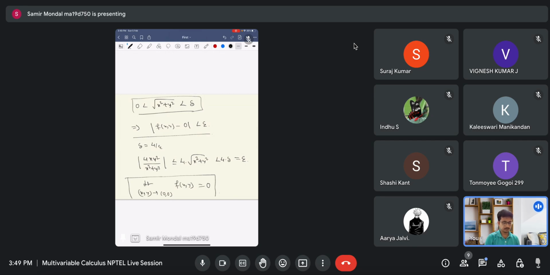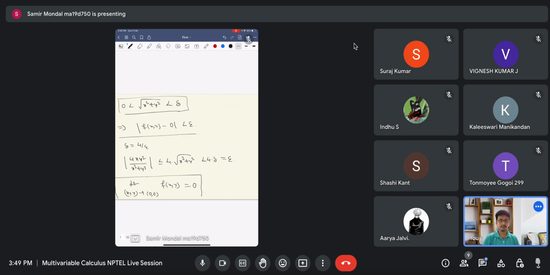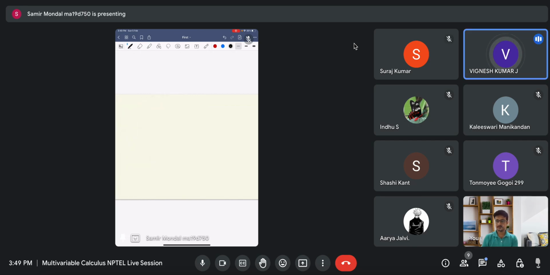So can I go on to the next? Yes, sir. Okay. So we are already familiar with the uniqueness of limit. For a one variable function, if the limit exists, the limit must be unique. Okay, for two variables also.